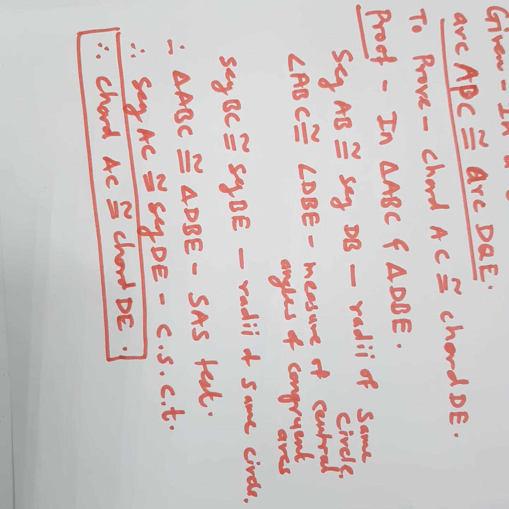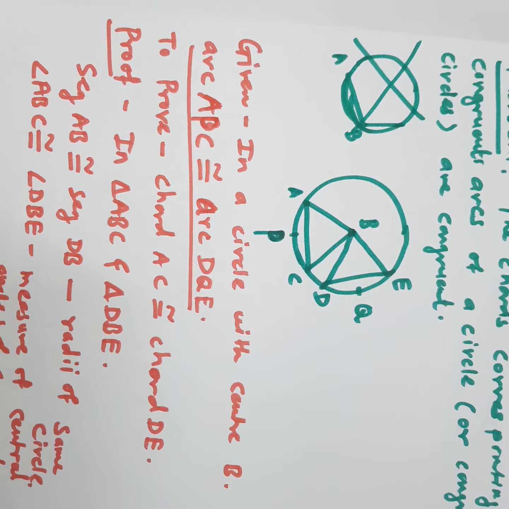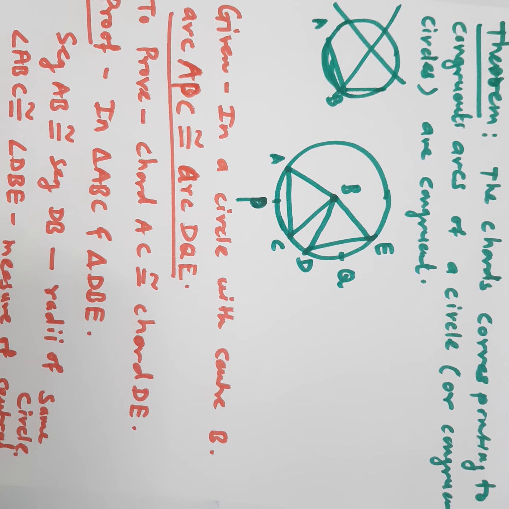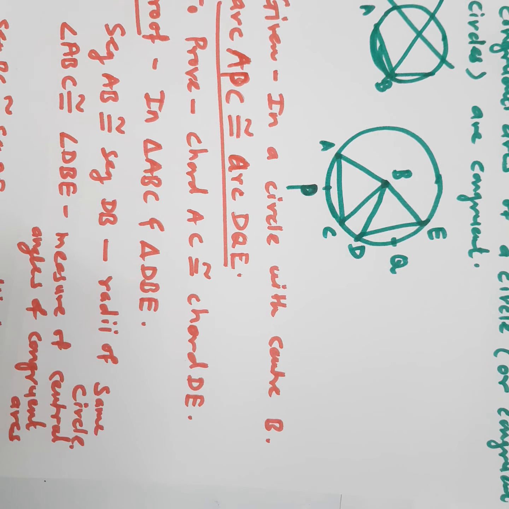Therefore, in this lecture we have seen the concept of arc, types of arcs, central angle of arc, measures of arcs, property of sum of the measures of arcs, and we have also seen the theorem that the chords corresponding to congruent arcs of a circle are congruent.